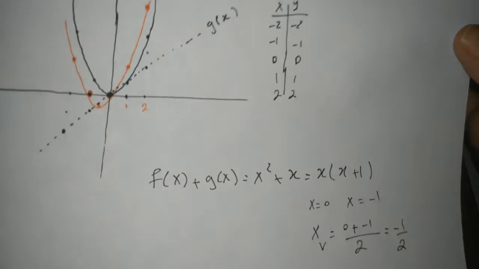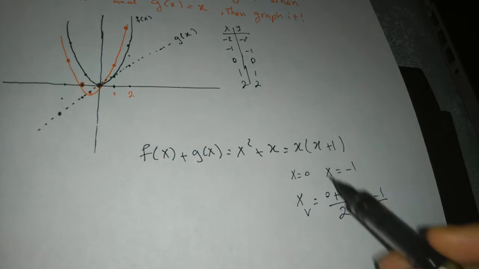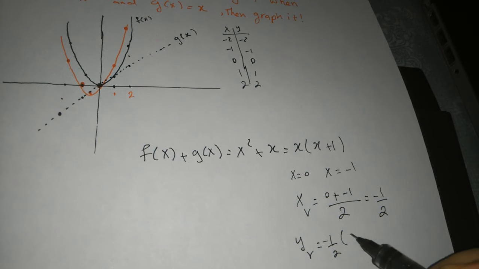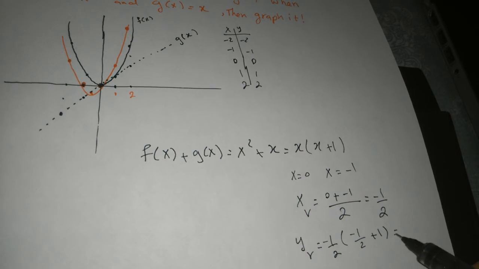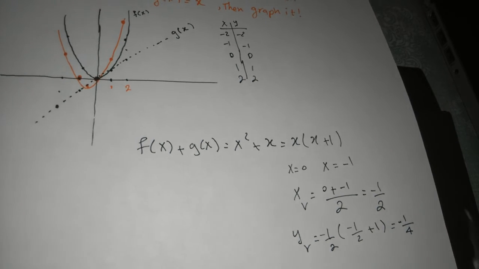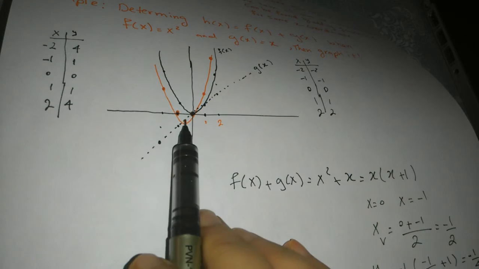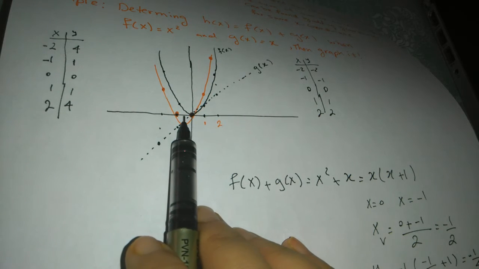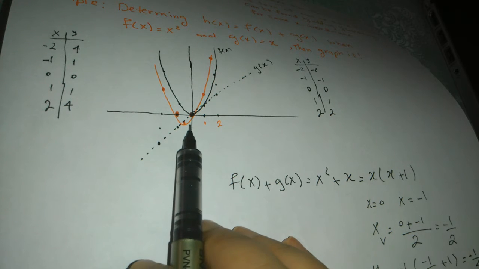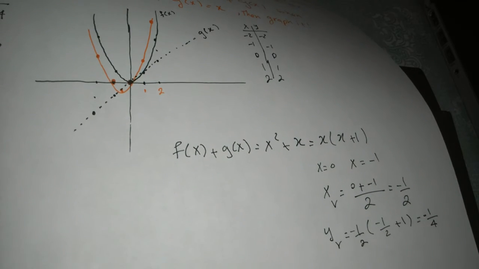And the y of the vertex, I just substitute that in the equation. The y of the vertex is going to be -1 over 2 times (1 over 2 plus 1)? No: -1 over 2 times 1 over 2, which is going to be -1 over 4. So as I see in the picture, the x of my vertex is -1 over 2 and the y of the vertex is going to be -1 over 4.